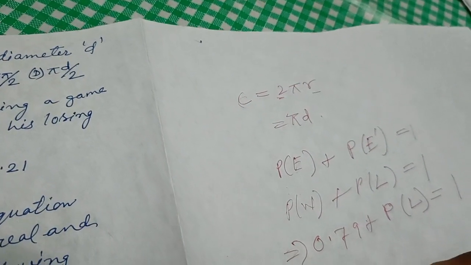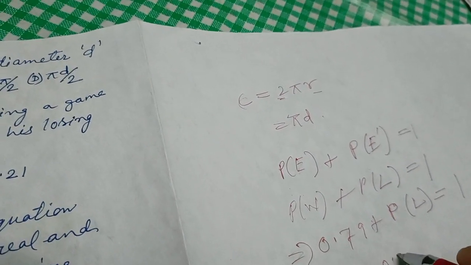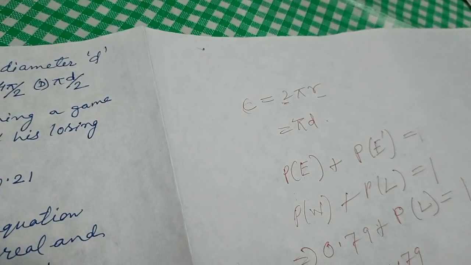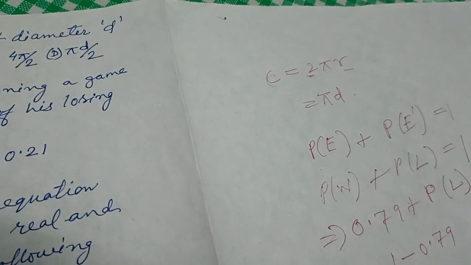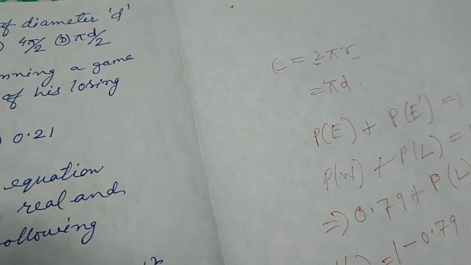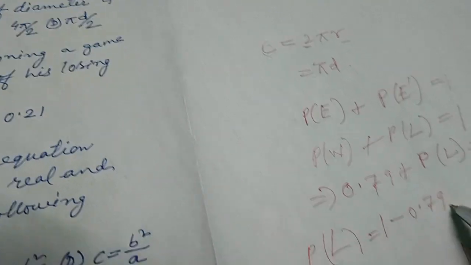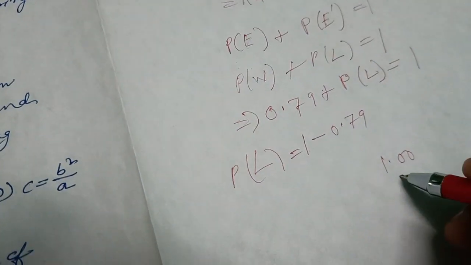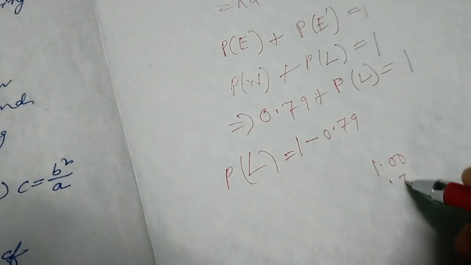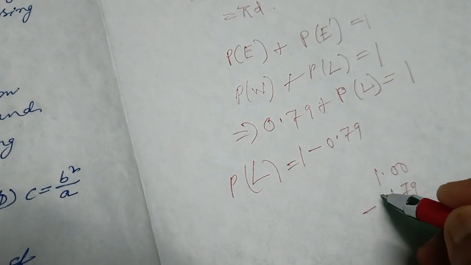So from 1, if you subtract 0.79, we'll get the probability of losing a game. You make it like a decimal: after 1 you put 00 after the decimal, like this, 1.00, and then subtract 0.79.